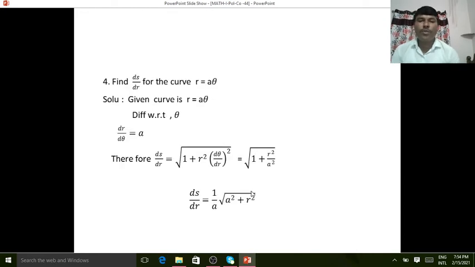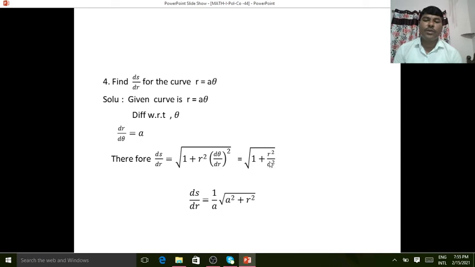And the fourth problem is find ds by dr for the curve r is equal to a theta. So we have to differentiate given curve with respect to theta. So we get dr by d theta, here a is constant, derivative of theta is 1. So therefore ds by dr is equal to square root of 1 plus r square d theta by dr whole square.